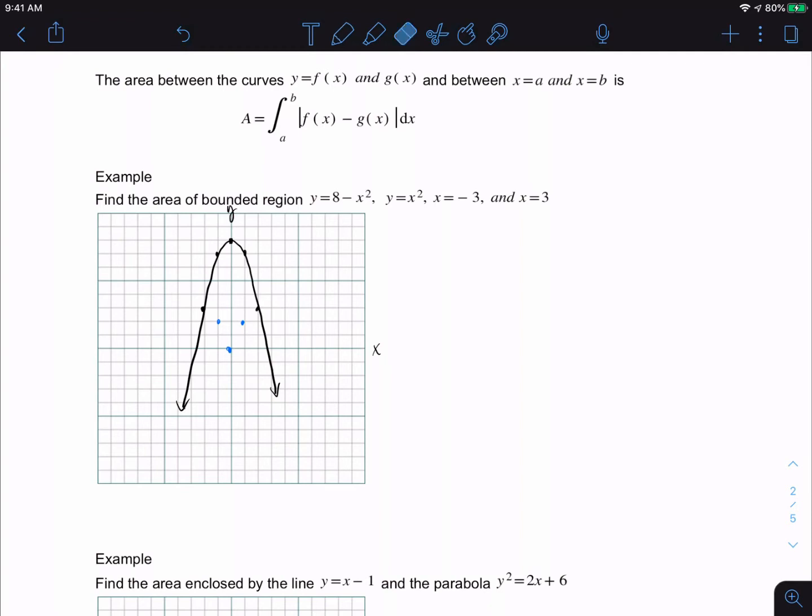Oops, I got that wrong. Oh, I think this is actually at 4, right? Not 3. So it should be up here. I plotted that wrong, but that's okay, I'll fix it right now.